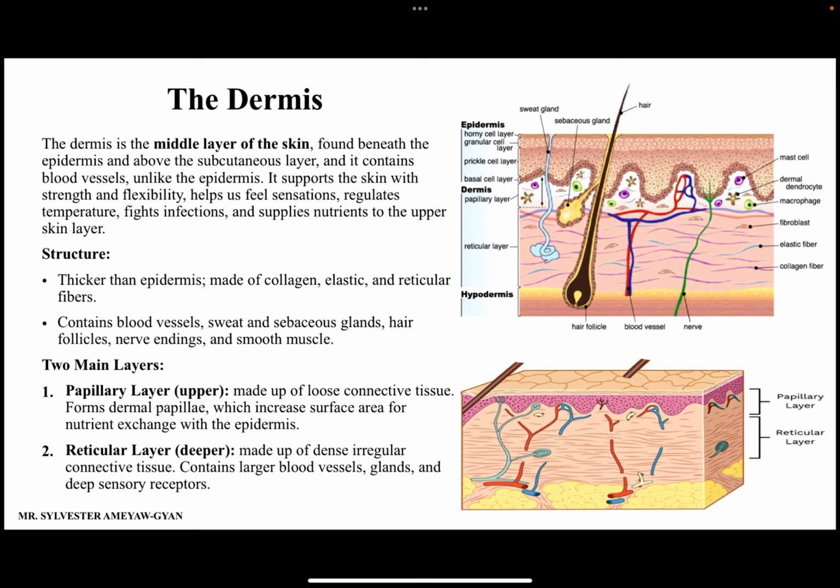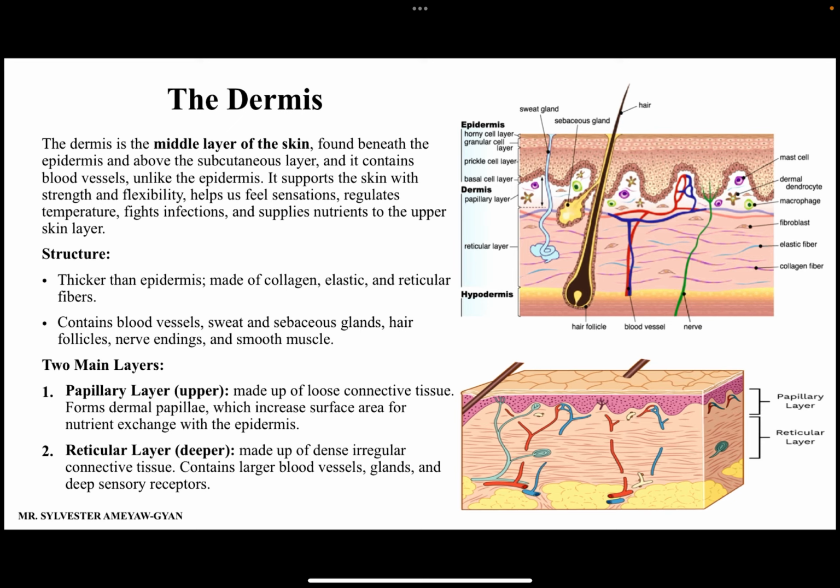And which layer of the dermis is connected to the hypodermis or subcutaneous layer? That's the reticular layer. So the dermis has 2 main layers: the papillary layer, the uppermost layer, and the reticular layer, the deeper layer.